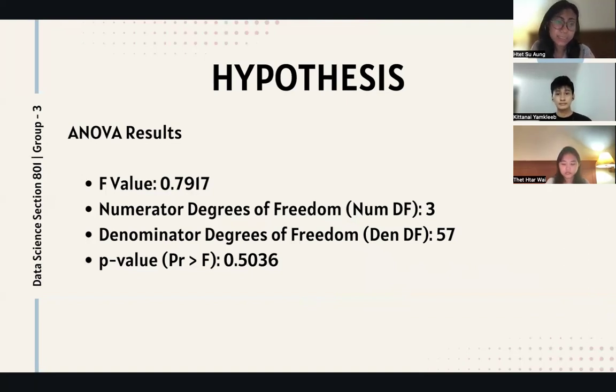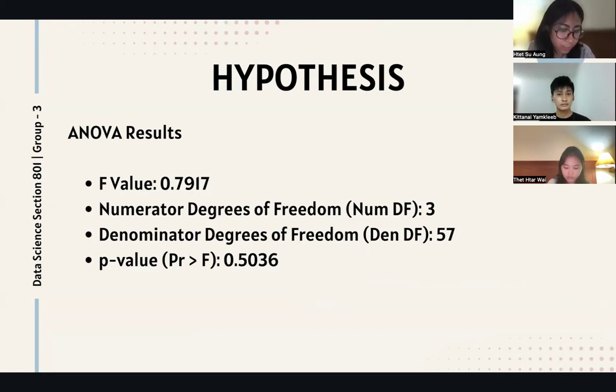The denominator degrees of freedom is the degrees of freedom within the group. It is calculated as (k minus 1) multiplied by (n minus 1), where k is the number of groups and n is 20 samples, in our case 20 students. So (20 minus 1) times (4 minus 1) is equal to 57.